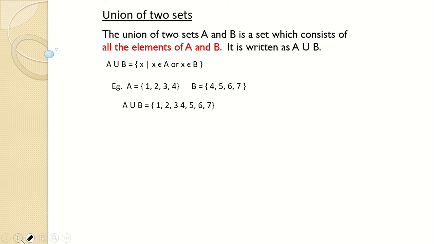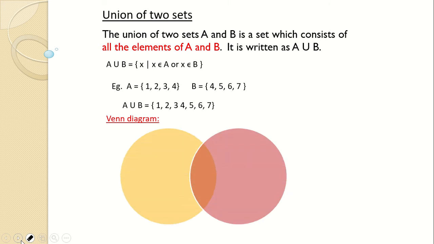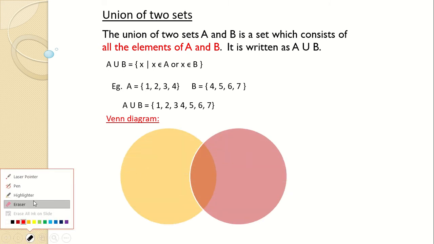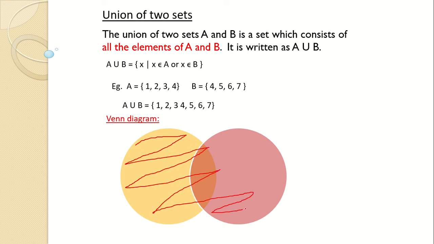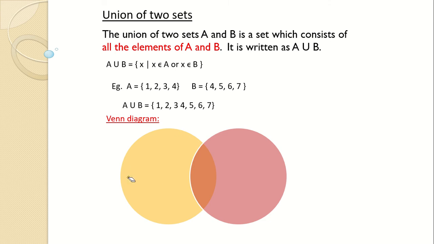Now the same thing we will see with the help of a Venn diagram. A union B will be this entire region: the set A, the intersection part, and the set B. This is set A, this is set B, and this is the intersection part which is common to both.